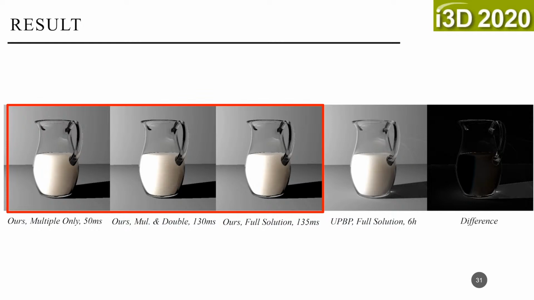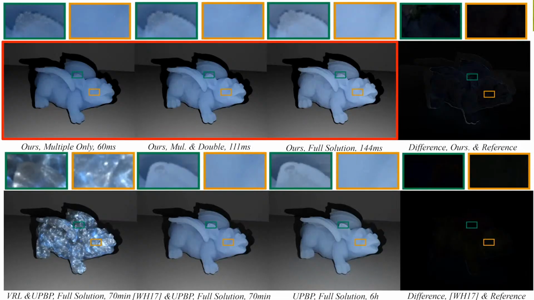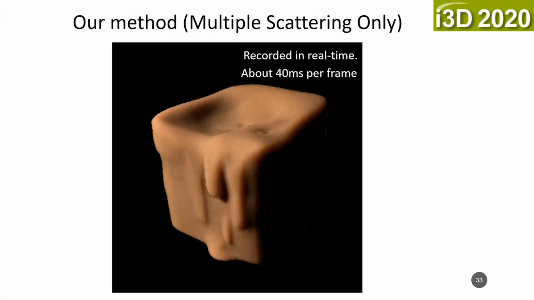Note that in our paper, we don't consider indirect illumination on diffuse surfaces, so there is no caustic phenomena in this figure. For this dragon scene, we zoom in on two interesting areas, a thin area on the ear and a thick area on the body. We find that our method with full resolution works well in both cases.